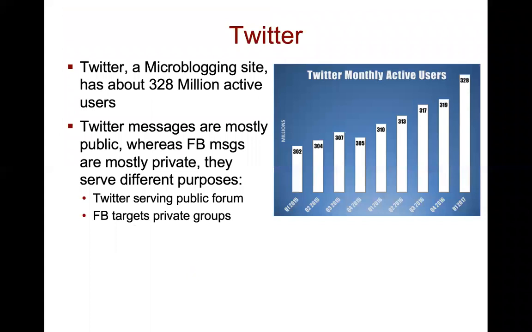We also have Twitter, which is mostly about microblogs, and it used to be and remains one of the largest social networks. Especially it's popular in markets like Japan and the US, and it holds its positions. Twitter is mostly public messages. They're restricted in terms of the number of characters you put, and it serves this particular purpose.